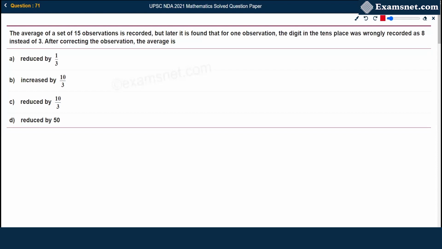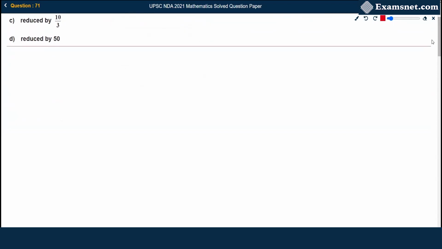So first of all, let us assume that the average initially be x. Then there are 15 observations.